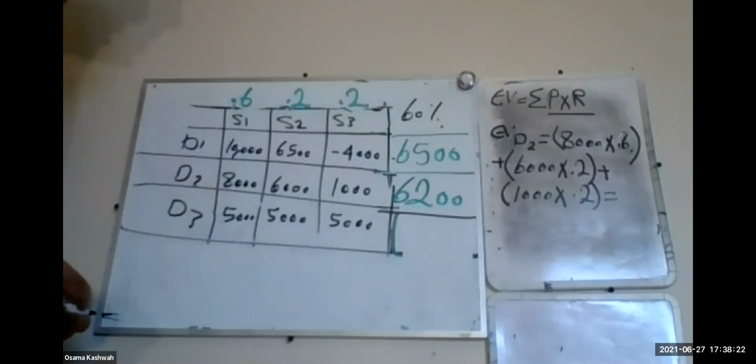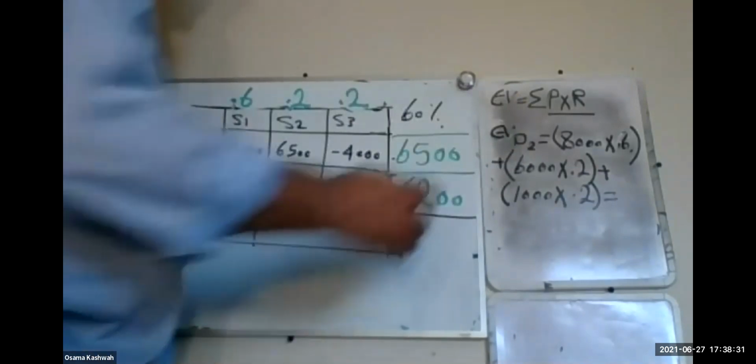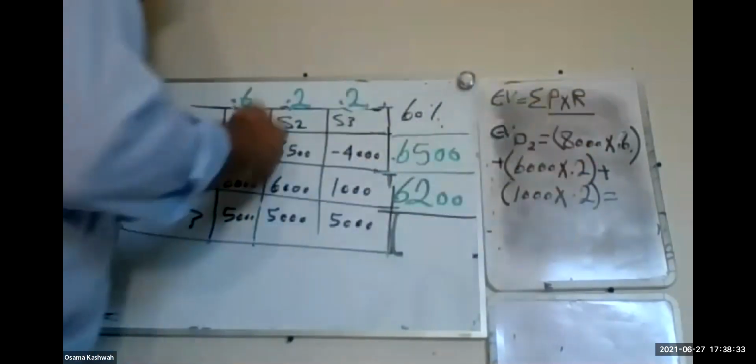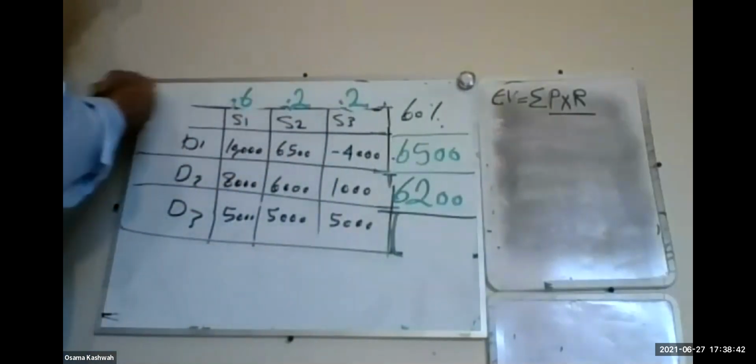Let us see the third D, how I will get the expected value. EV means expected value. So it's the probability times the return of each one, the numbers here in the cells, multiplied by the probability. The probabilities are up here in green.